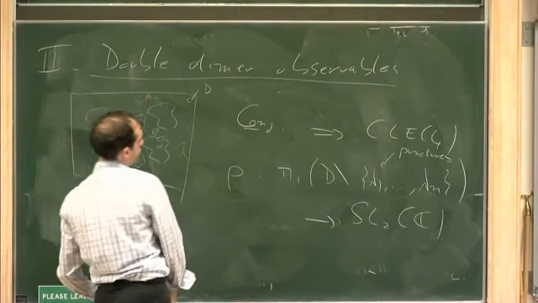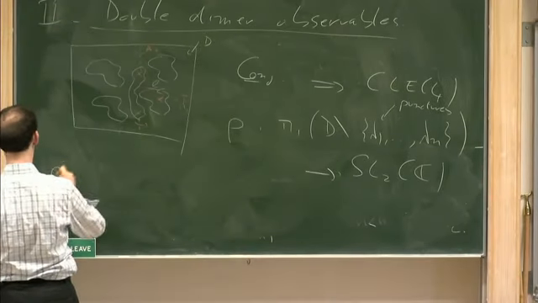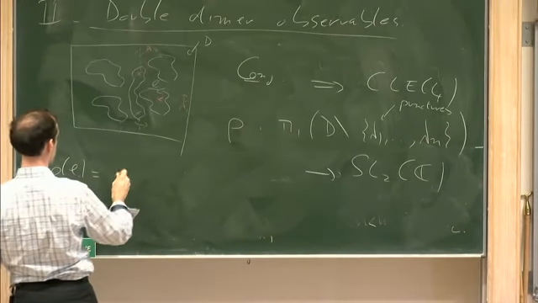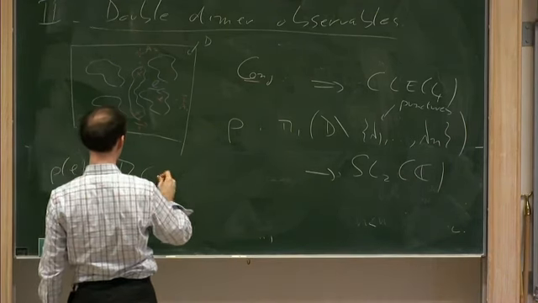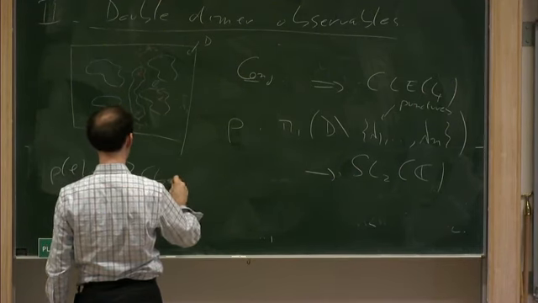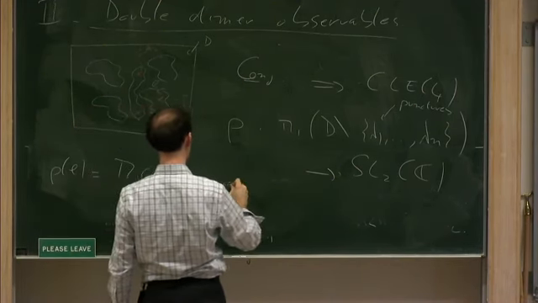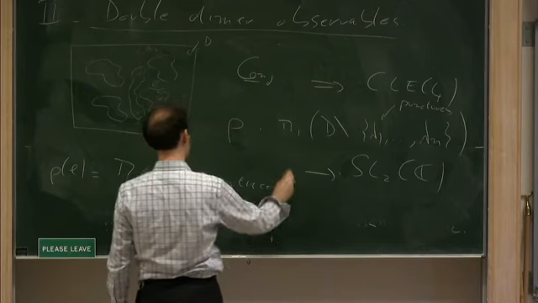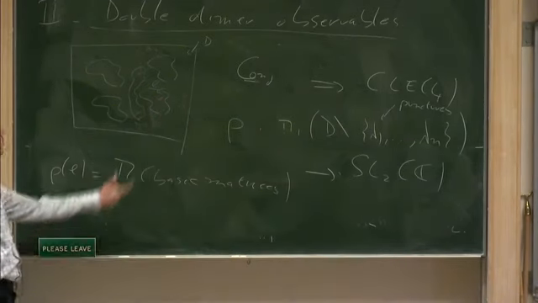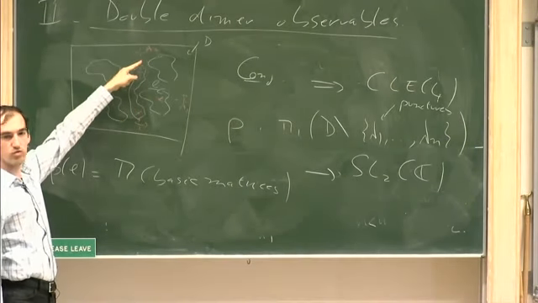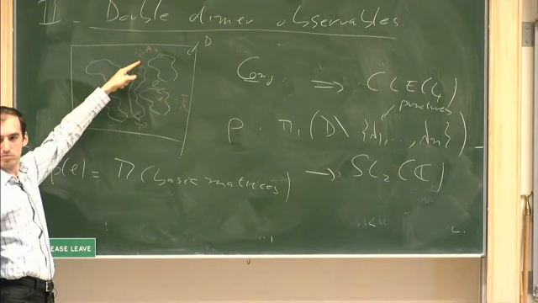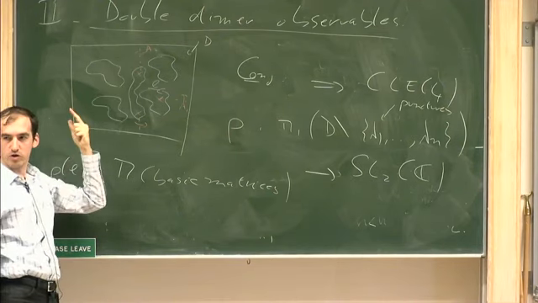So given each loop, you associate a matrix. So for instance, this loop, you're going to get A3 times A2, up to cyclic permutation.